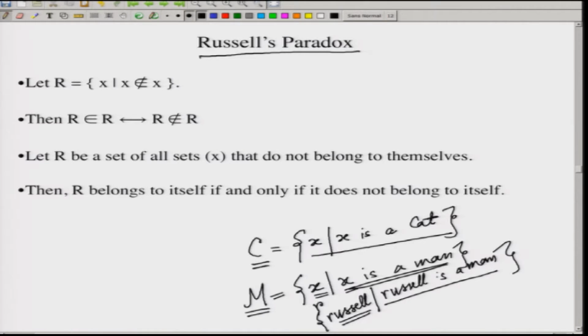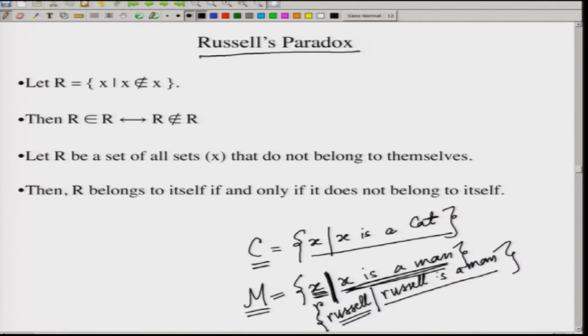So, we write the variable here, and this is a bar, and after the bar we write the condition, that is, that variable is something. This is a set condition. This is how Cantor set up his sets. This is called the naive set theory.